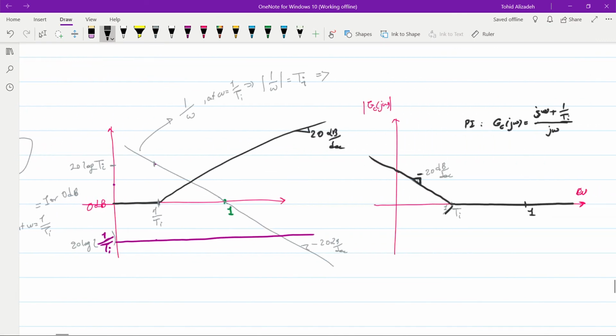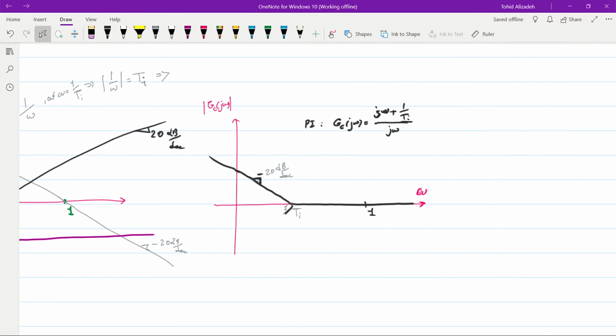Of course, if you have a proportional or gain factor, such as K, this K will move the amplitude plot up or down, depending on the value. But without that K, we have the amplitude at very high frequencies equal to 0 dB. At very low frequencies, we will have the slope of minus 20 dB per decade.